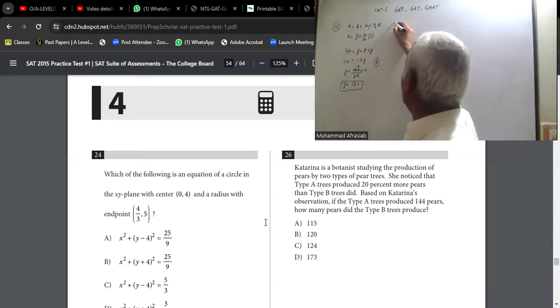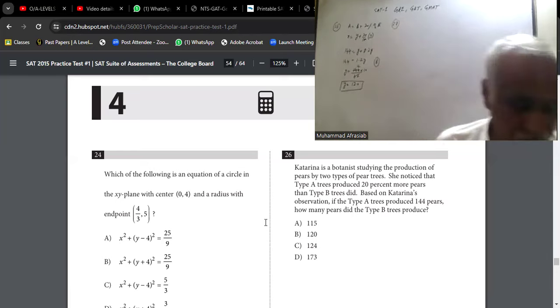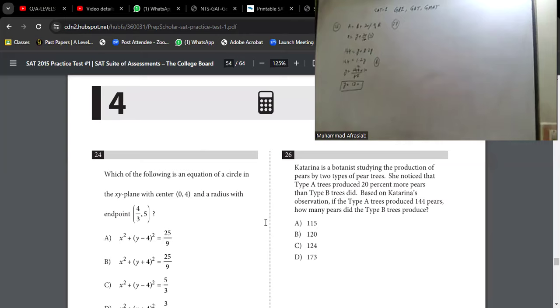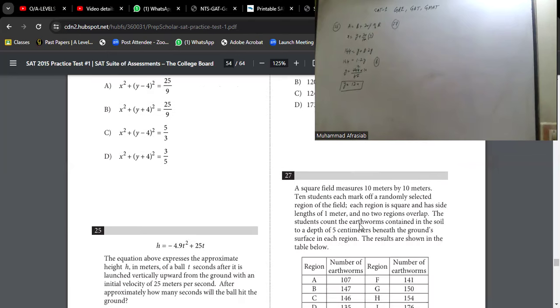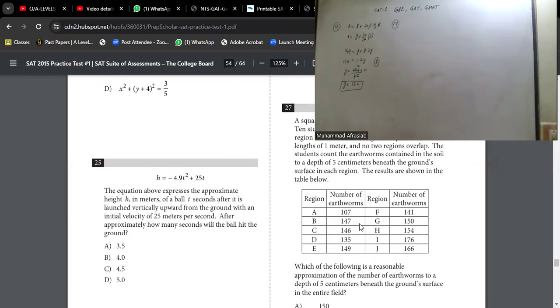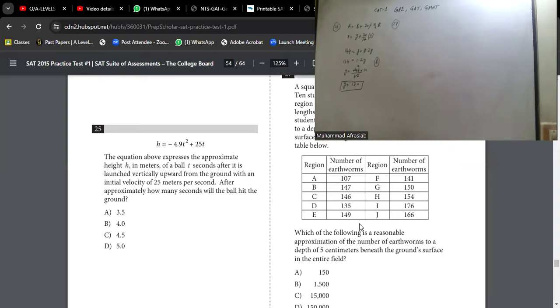Then we are going to solve question number 27. A square field measures 10 meters by 10 meters. 10 students each mark a randomly selected region of the field.